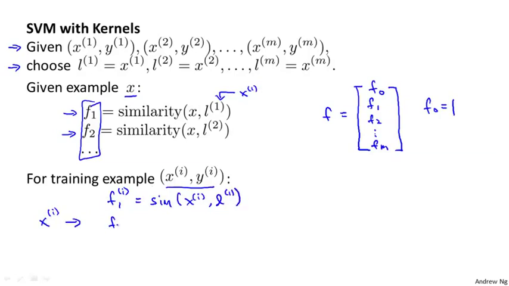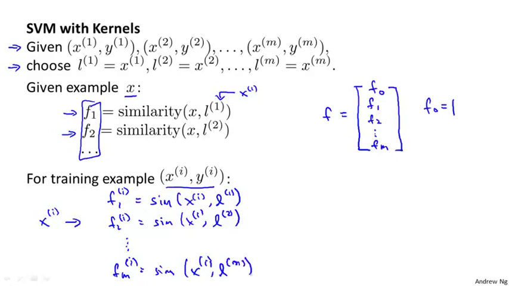f2i equals the similarity between xi and L2, and so on down to fmi equals the similarity between xi and Lm.